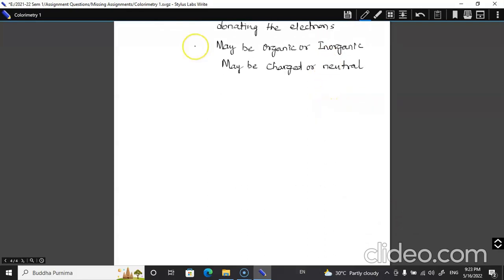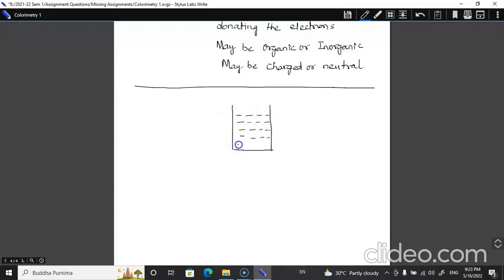Now I have taken this metal ligand complex, a solution in a vessel having a path length L, and a light of intensity I0 is incident on it.